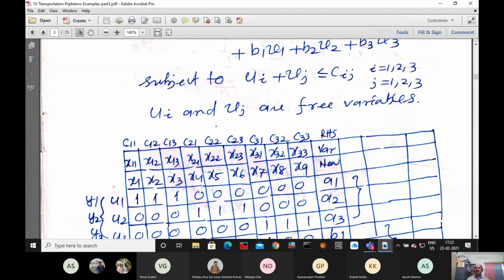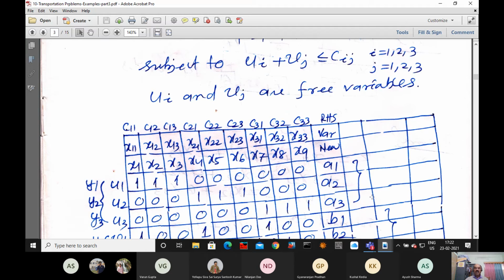The second constraint, x21 plus x22 plus x23 equal to a2, so I can write x4 plus x5 plus x6 equal to a2. The third constraint is x31 plus x32 plus x33 equal to a3, so x7 plus x8 plus x9 equal to a3.